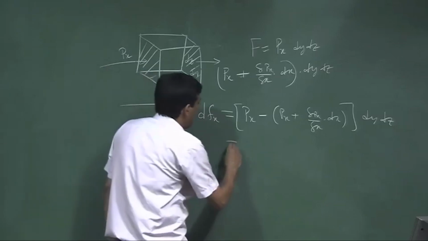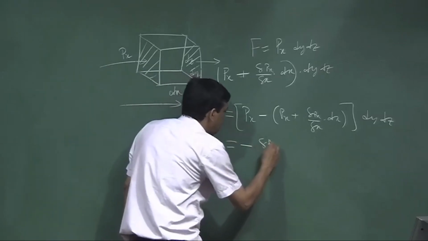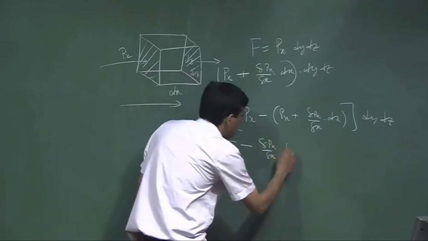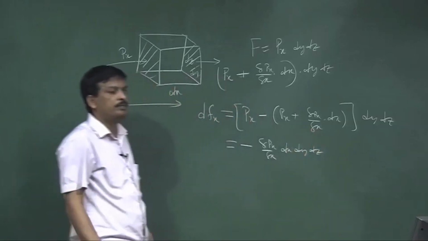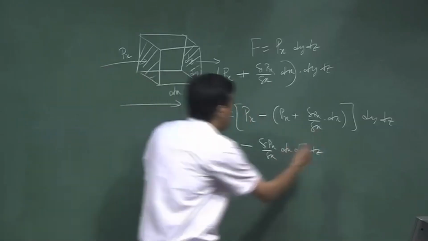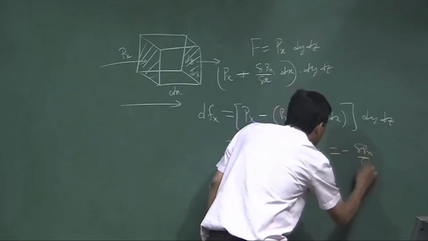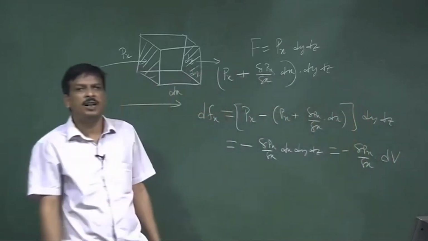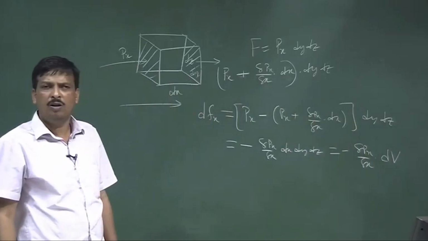If I derive it, it is minus del Px by del x into dx dy dz, which is minus del Px by del x into dV, the volume.